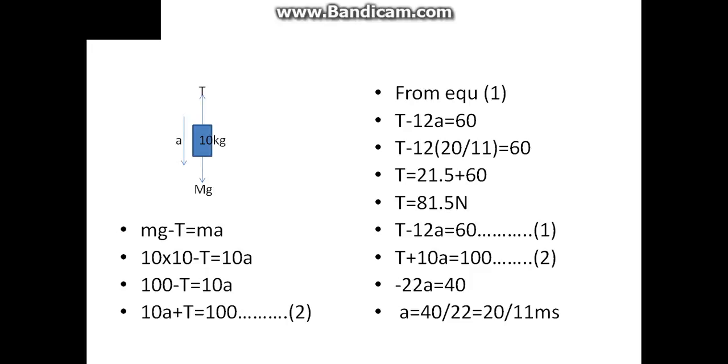Therefore, T is equal to 21.8 plus 60, which gives us T to be 81.8 Newton. We can also get our acceleration. For acceleration, F is equal to ma. We have that 100 minus 60 is equal to 22a. Therefore, our a is equal to 40 over 22.